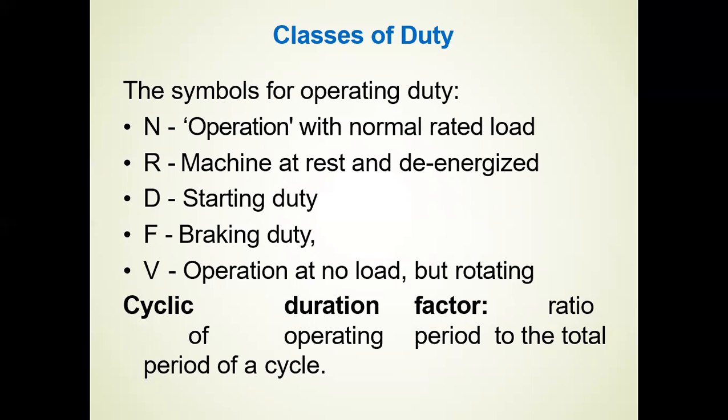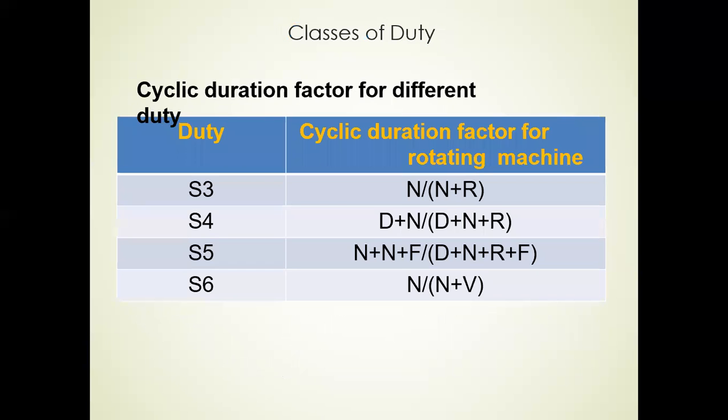Cyclic duration factor is one of the important phenomena in rotating machines. It is defined as the ratio of operating period to the total period of a cycle. So here, according to the duty of the rotating machine, we have the cyclic duration factor for each and every electrical rotating machine. This table describes duty and accordingly the cyclic duration factor of the rotating machine.